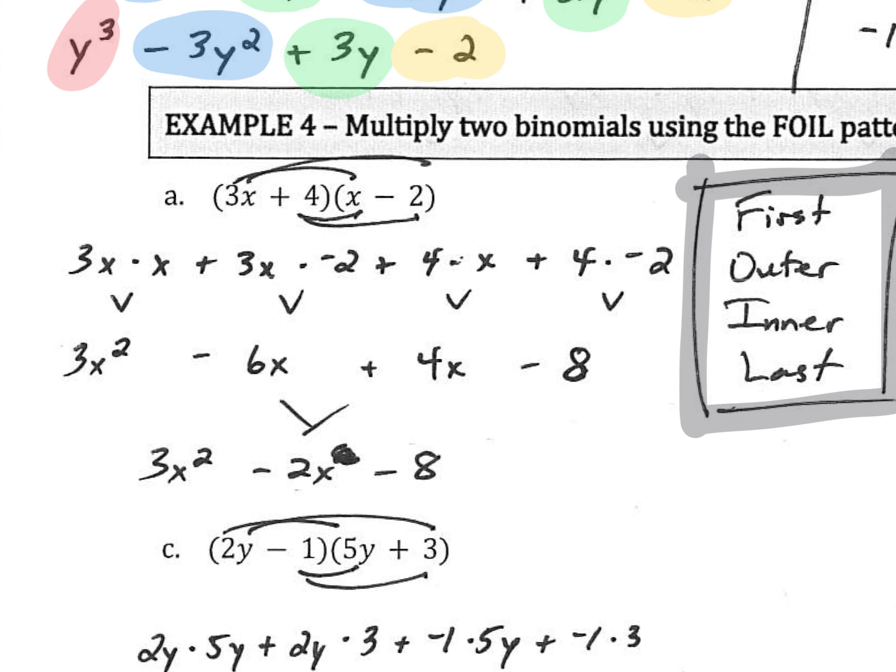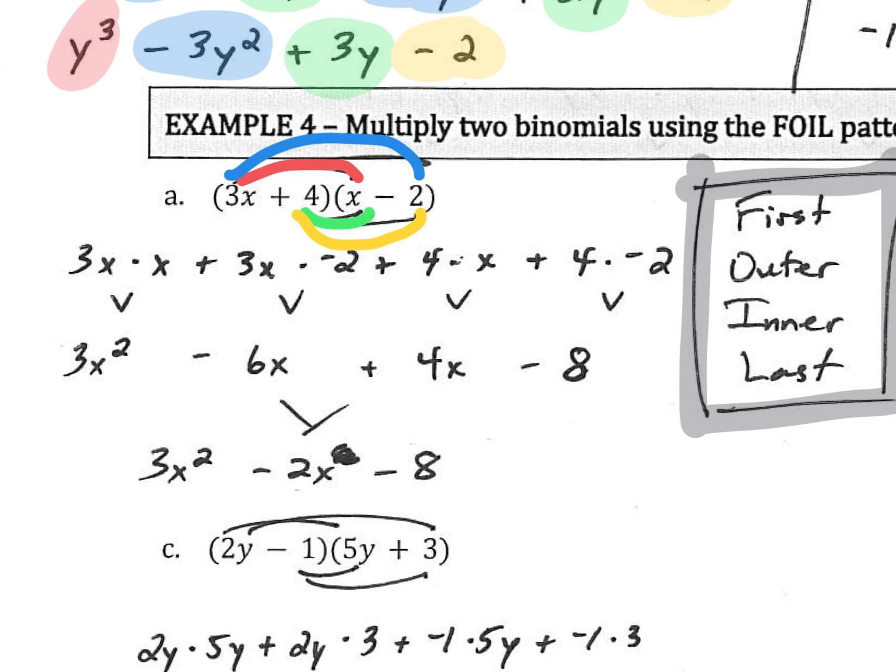That means we want to start by multiplying the first terms together. 3x times x. Let's make that a little darker so you can see it. 3x times x. We need to do 3x times negative 2. We need to do 4 times x, which would be inner. And last means 4 times 2.